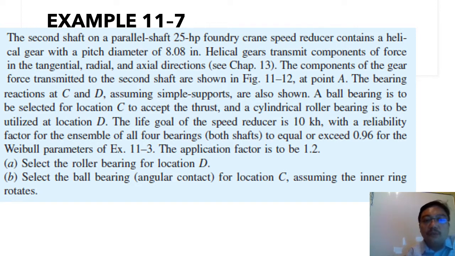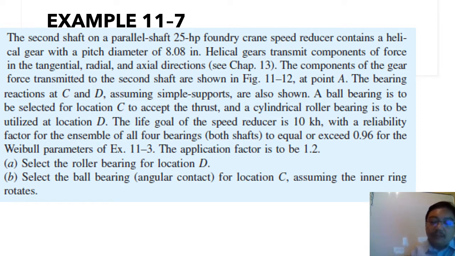The example given here is: the second shaft on a parallel 25 horsepower foundry crane speed reducer contains a helical gear with a pitch diameter of 8.8 inch. Helical gears transmit components of force in tangential, radial, and axial directions. These gear force components are transmitted to the second shaft as shown in the figure.